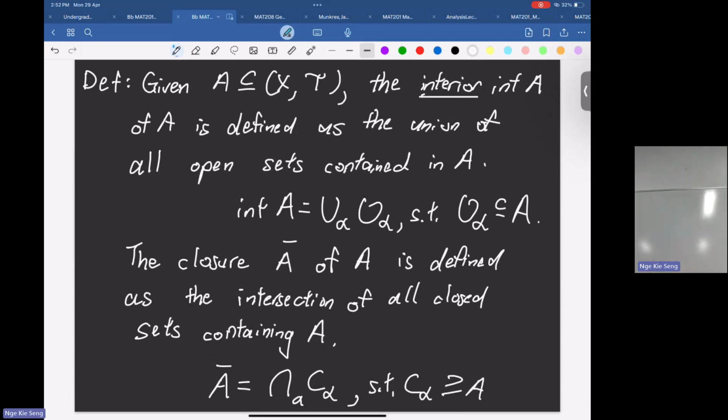One uses intersection, the other uses union. Each C alpha is potentially bigger than A, so if you take the intersection of all of them, it gets smaller and smaller. How about this one? If you take all the open sets contained in A, you are growing.